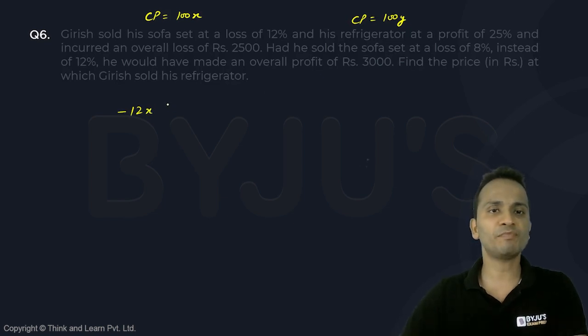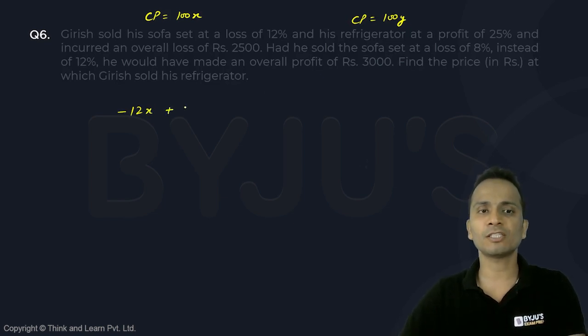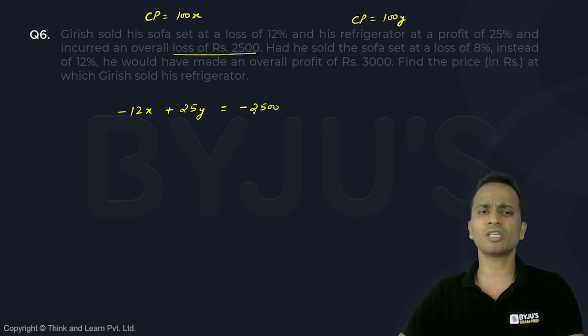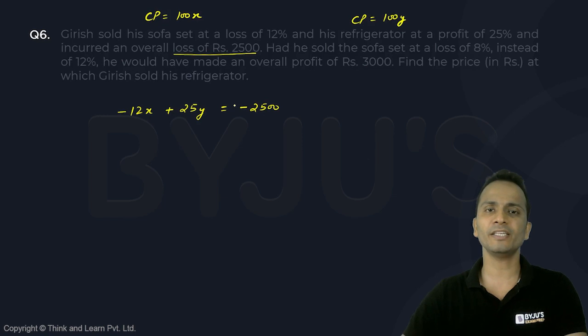A profit of 25% on the refrigerator is plus 25y. This will be the overall profit or loss, which is given as a net loss of 2500, so it is minus 2500. Though you do not require to write this, I'm still writing it for the sake of understanding.